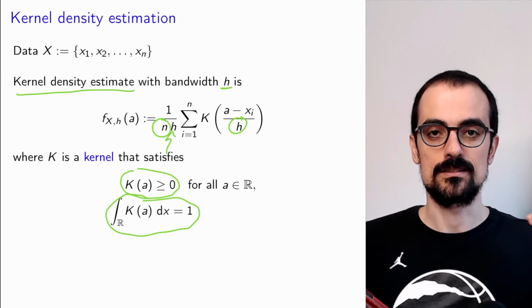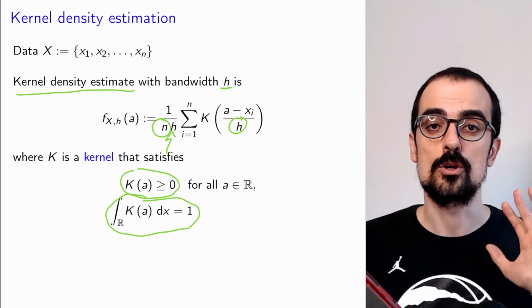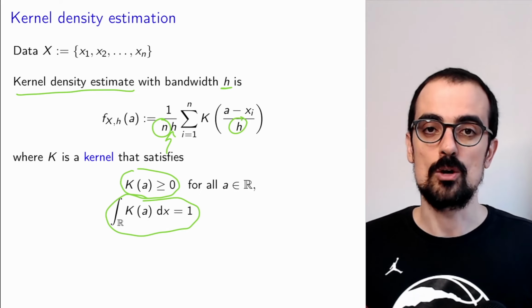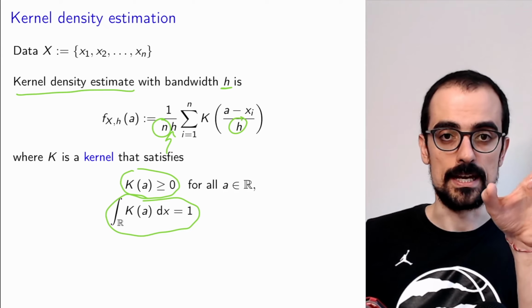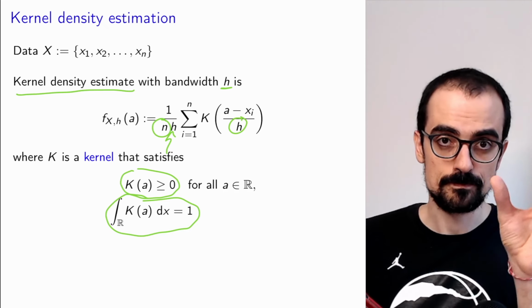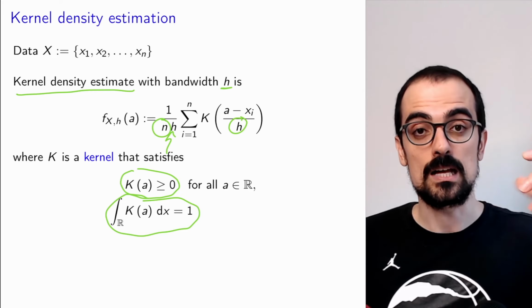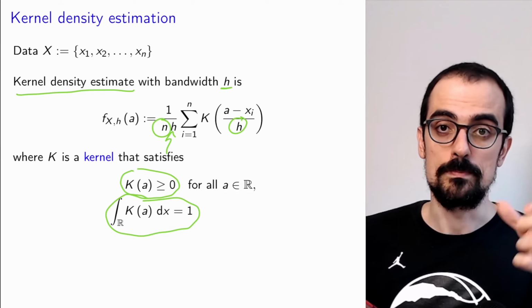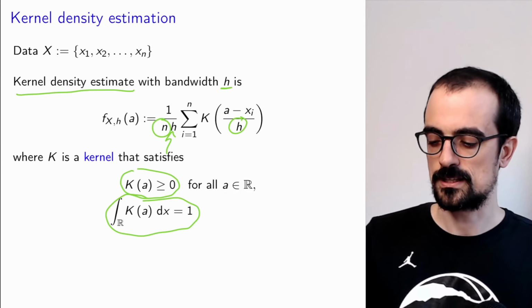As long as the kernels are non-negative, it's also going to be a non-negative probability density estimate. Again, the only difference with the histogram is we're not centering each of the contributions to the density at the center of the bins. We're centering at the data points, and we can choose not to use a rectangular function to build the density. We can use smoother functions such as the Gaussian.